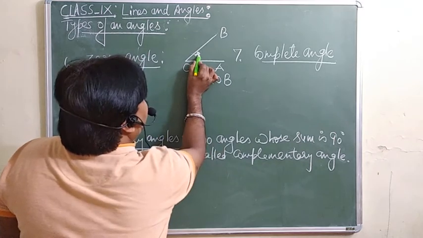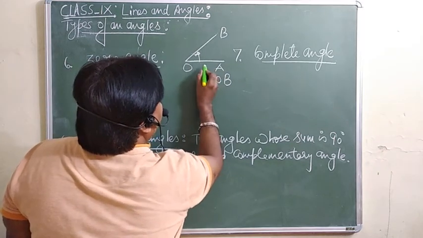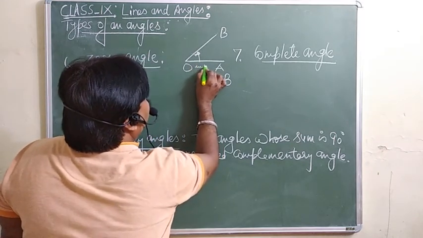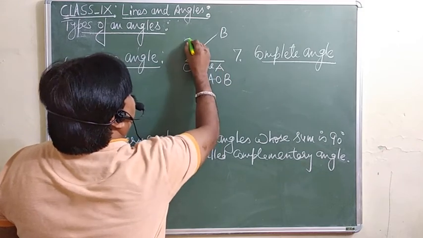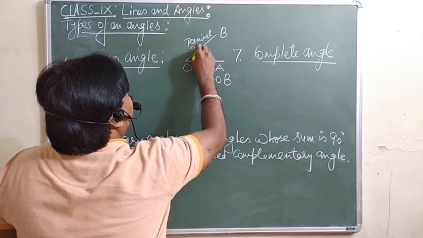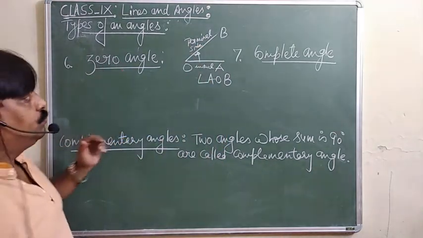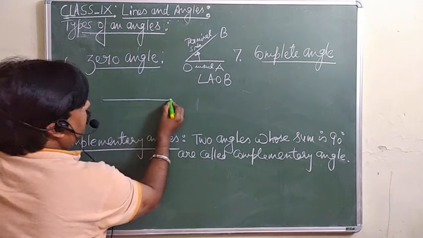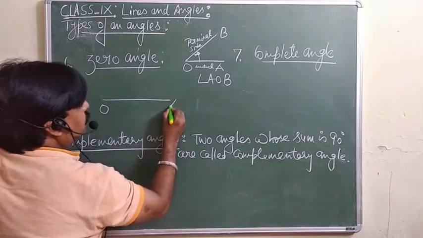When will this angle be zero? This is your initial side, as already discussed, and this is known as the terminal side. We can say AO is the initial side.